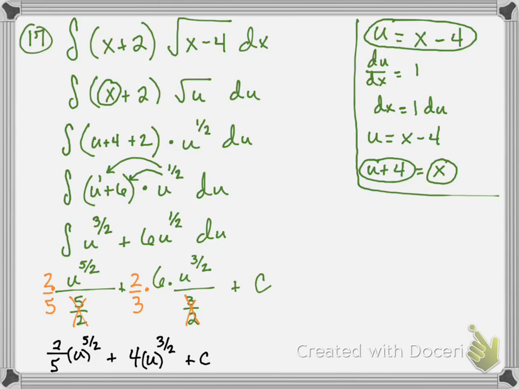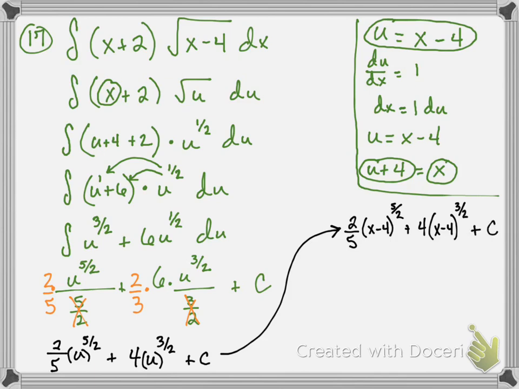So we have 2/5 times x minus 4 to the 5/2 power plus 4 times x minus 4 to the 3/2 power plus c. And that one would be finished up.